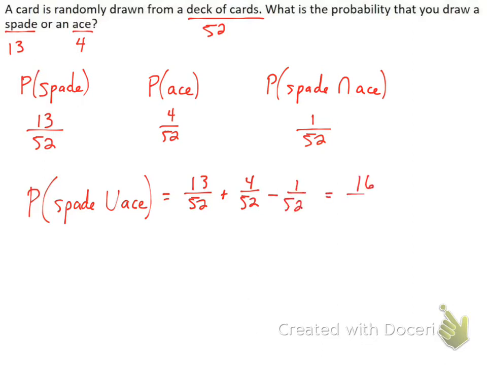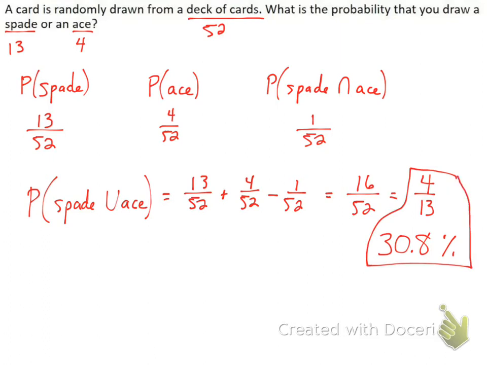That gets me 16 over 52, which reduces down to 4 over 13. And then 30.8% chance for that happening.